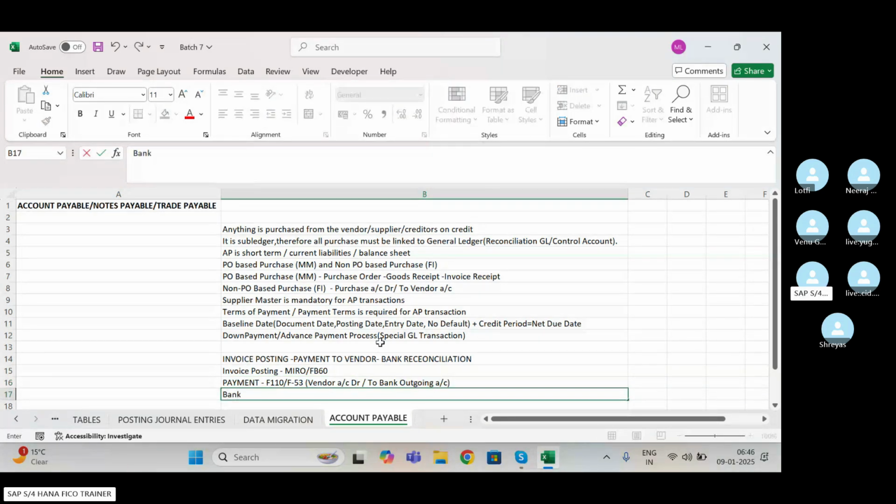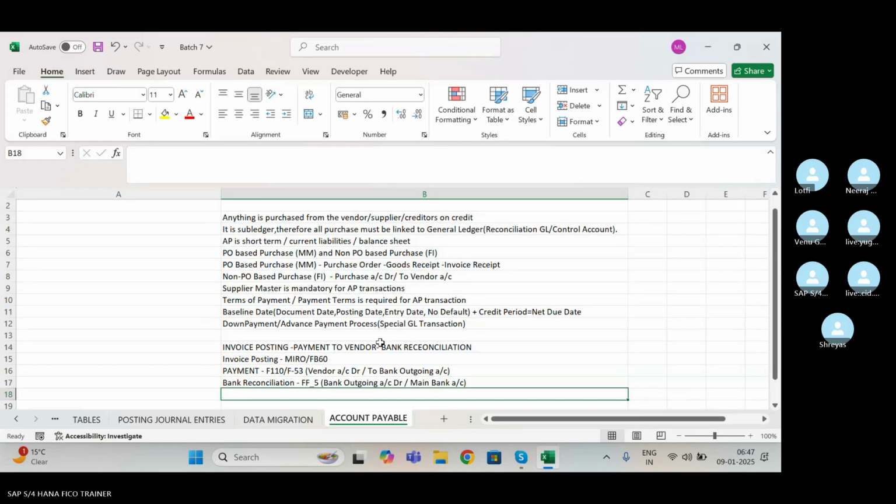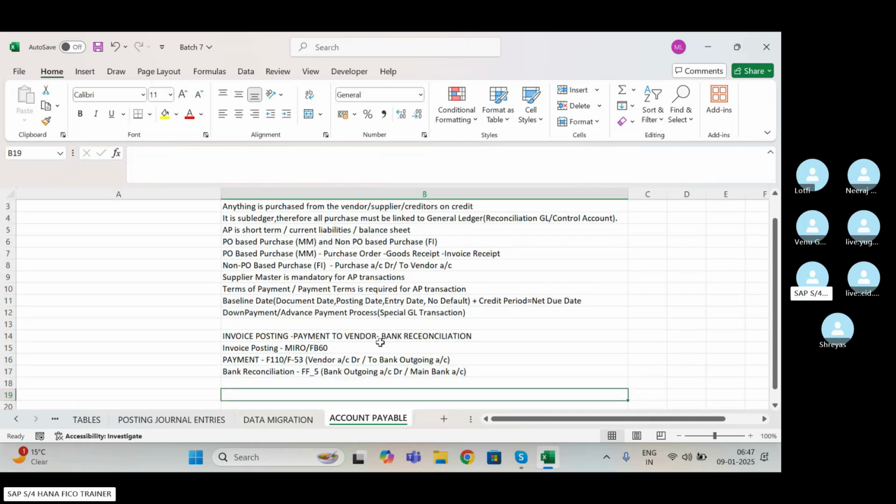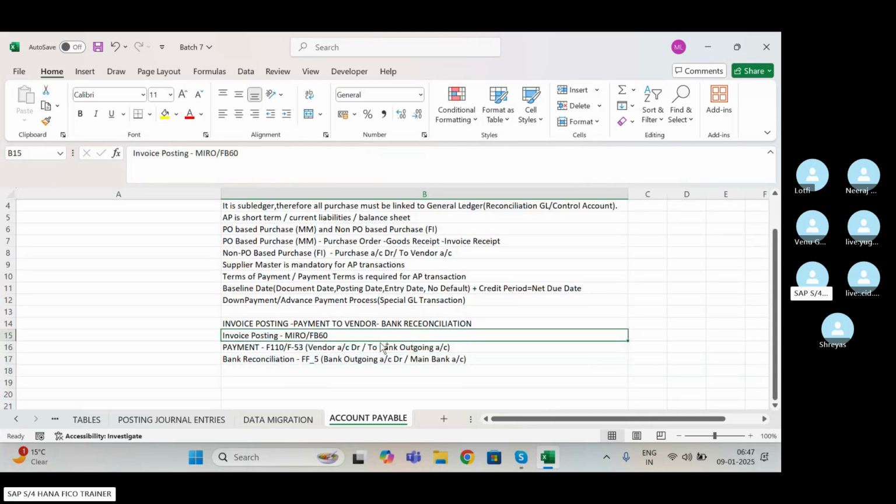When you run the bank reconciliation, again, either it can be automatic or it can be manual. Then your journal entry will become bank outgoing will go to debit to main bank account. Okay, this is the process you have to handle in the account payable, minimum, basic.